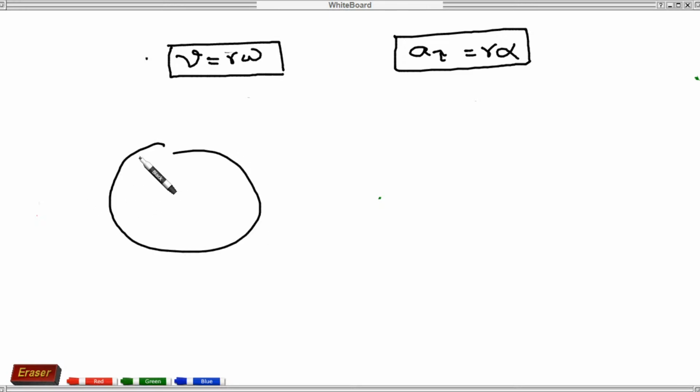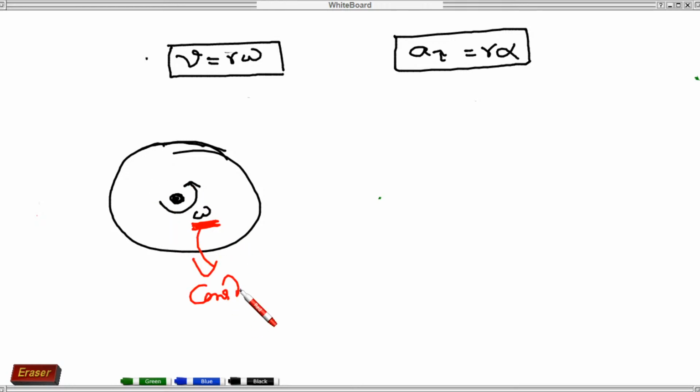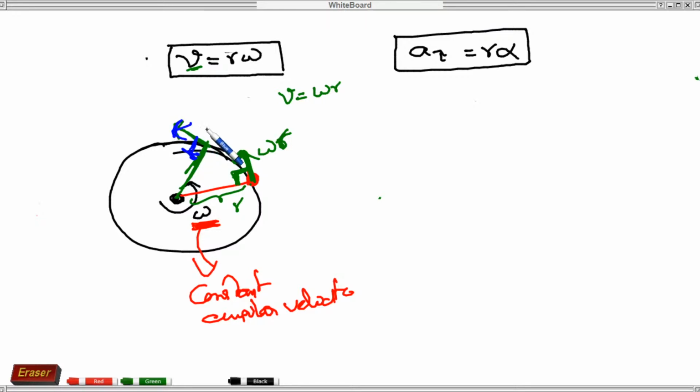This is your circular motion. If the angular velocity is omega and it's a constant throughout the circular motion, the velocity is tangent to this circle, so here it is also omega.